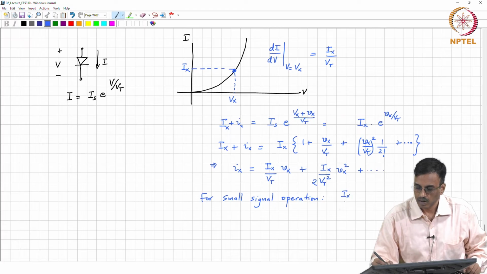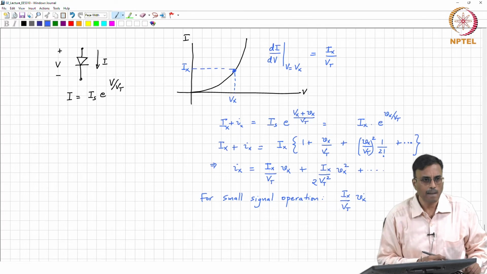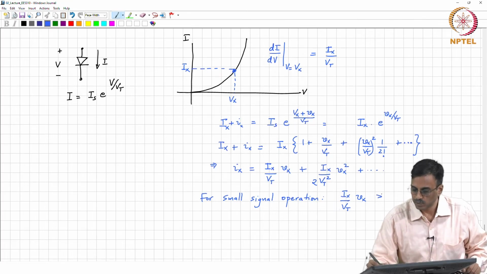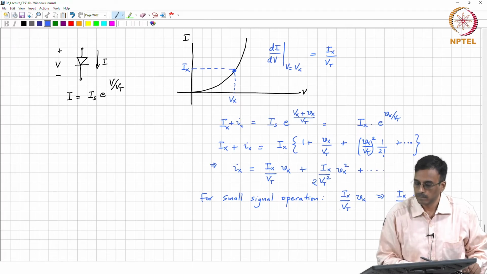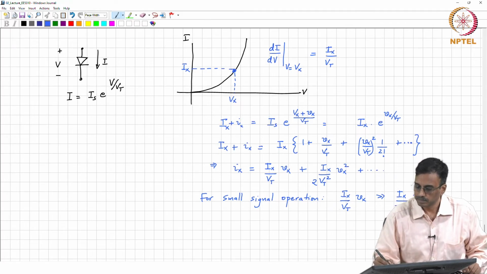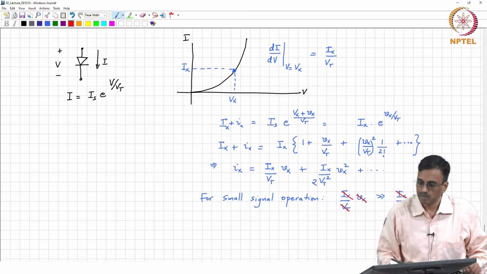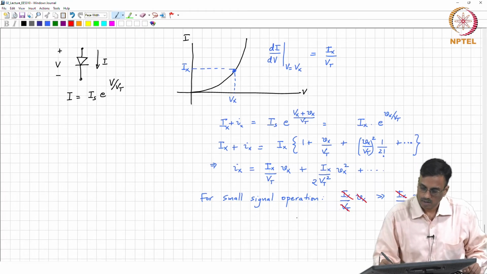Ix by Vt times vx must be much greater than Ix by 2 Vt square times vx square, which basically means that the Ix goes away, one Vt goes away, one vx goes away, which means vx must be much smaller than 2 Vt.